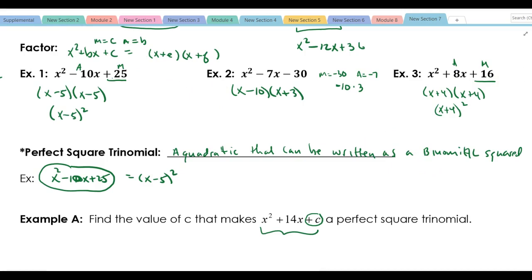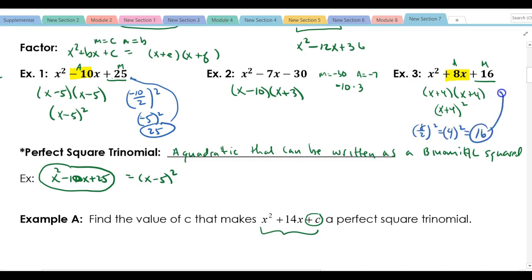Well, if I take the middle term, divide it by 2 and square it, that gives me the constant. Negative 10 divided by 2 all squared gives me negative 5 squared, which is 25. That is my constant. Over here, 8 divided by 2 all squared is 4 squared, which is 16.